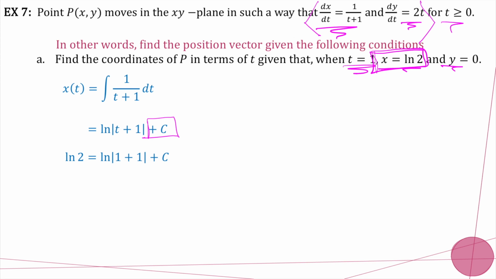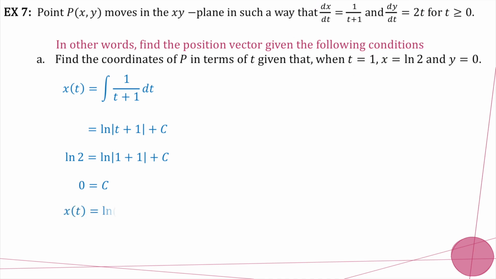So we'll plug in 1 for t, set that equal to ln of 2. So c equals 0. Therefore, our x component for the position vector is ln of t plus 1.